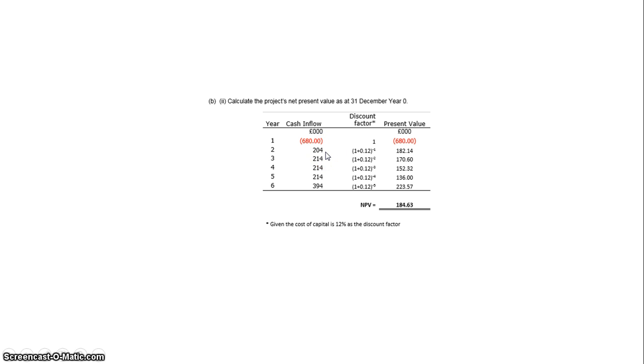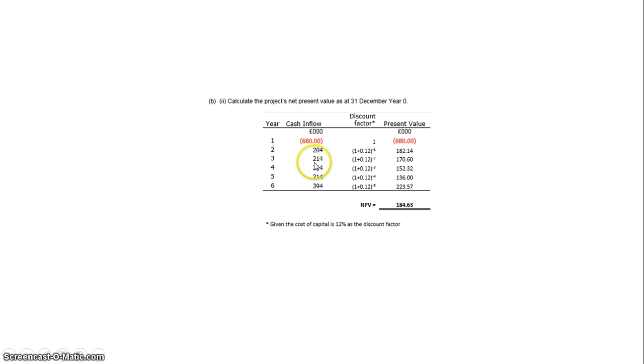So 204, you have to divide by 1.12. It will give you 182.14. The reason why you have to discount, or divide, by 1.12 is because in the fourth point underneath the table it says business cost of capital is 12%. So this is the reason.